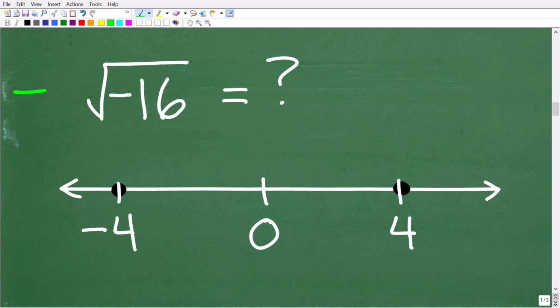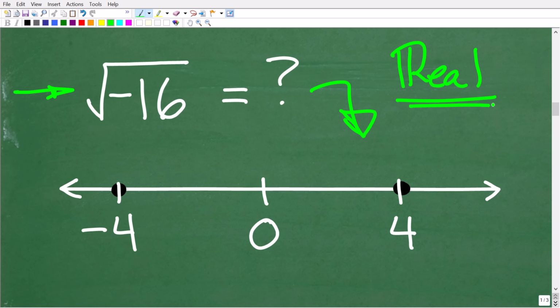So once again, we have the square root of negative 16, and we're looking for the answer. So where is the correct answer to this problem? Well, let's take a look at this number line right here. In math, this is called the real number line. So when you first start learning mathematics and you start learning how to count, we use what we call the real number system.